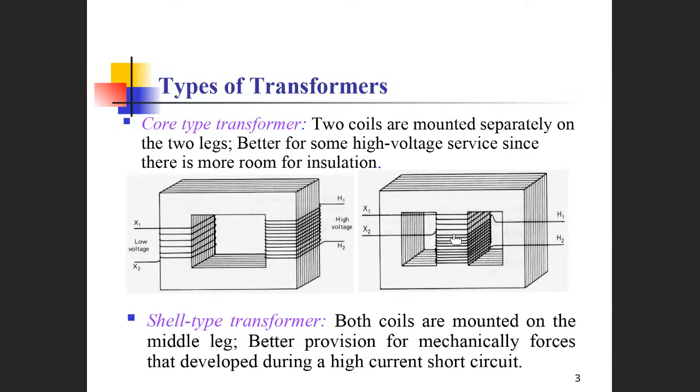But for the shell type transformers, as you see here, the primary coils and the secondary coils are on the same core, but they are separated to two sides of the core.